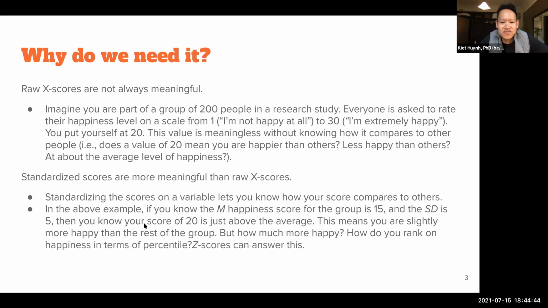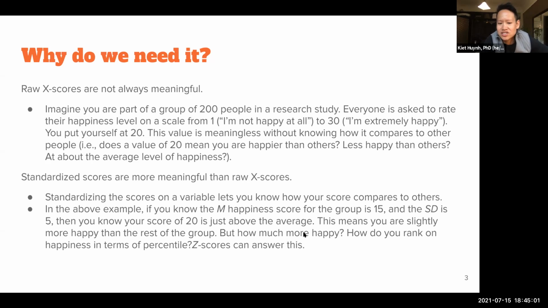So in the above example, you don't know what a score of 20 means, but if you know that the average or the mean happiness score for the group is 15, and you know that the standard deviation is 5, then you know your score of 20 is just above the average.